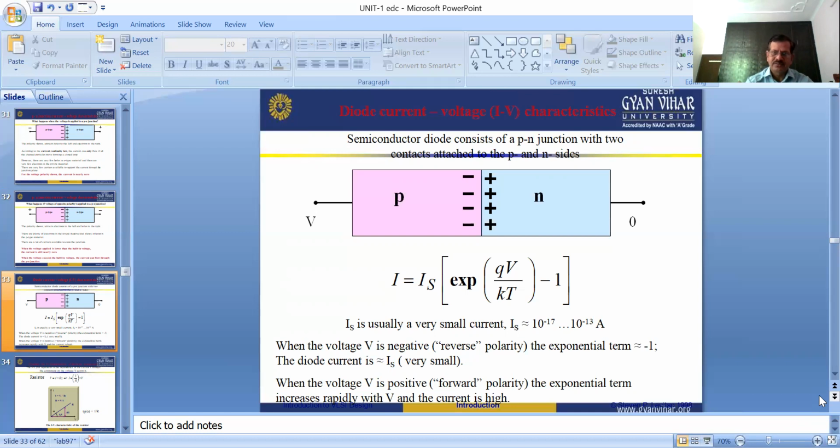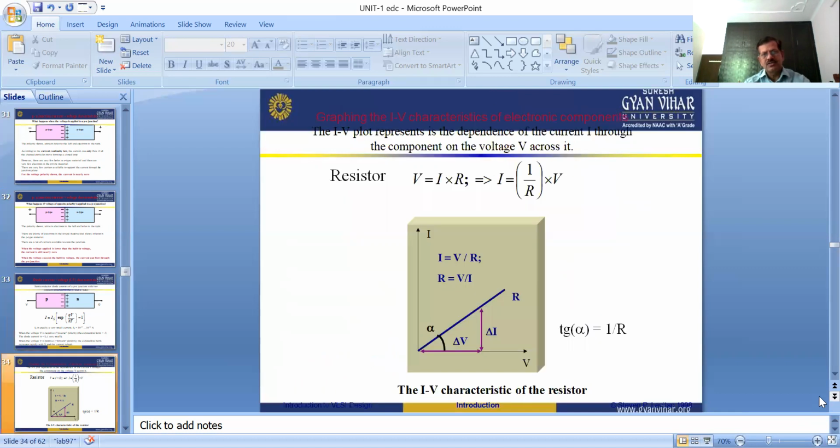This is also called the reverse saturation current. Is is the reverse saturation current. The reverse saturation current is very small compared to the diode current. The diode current will be in the range of milliamperes, while the reverse saturation current will be nanoamperes or even less.